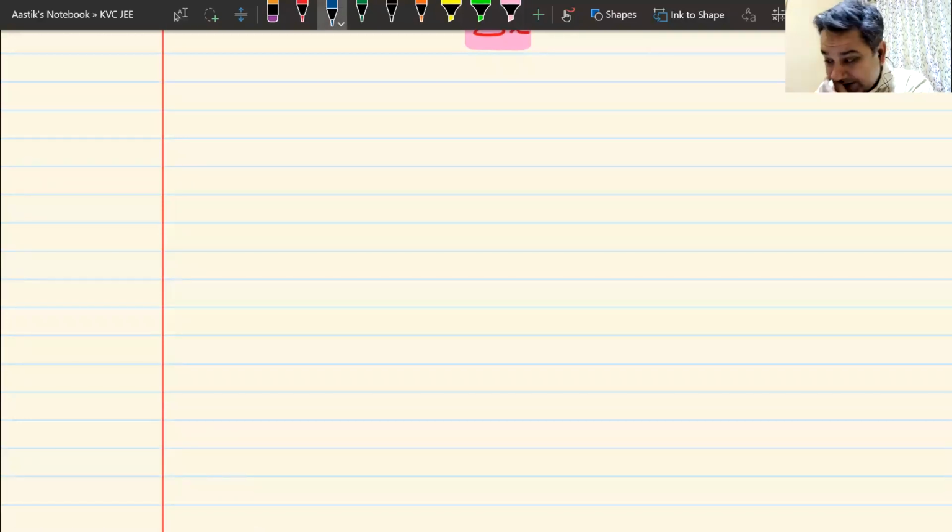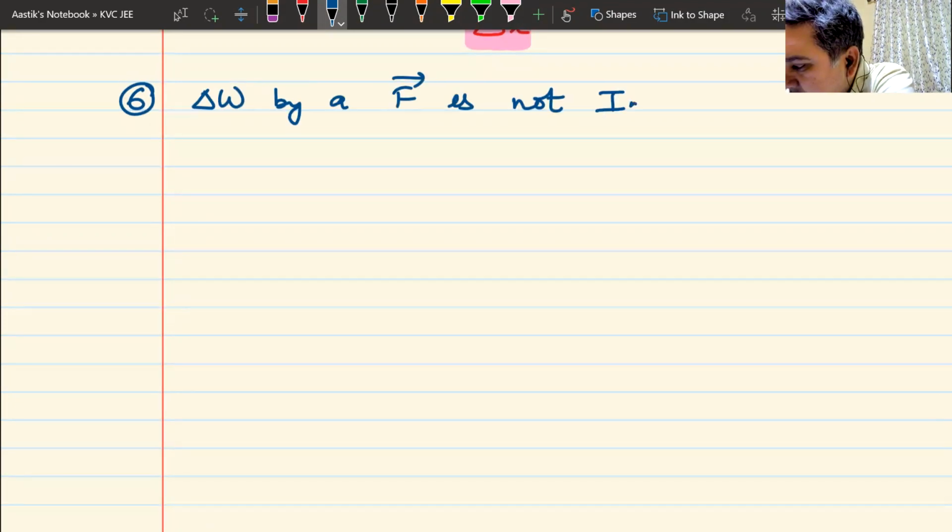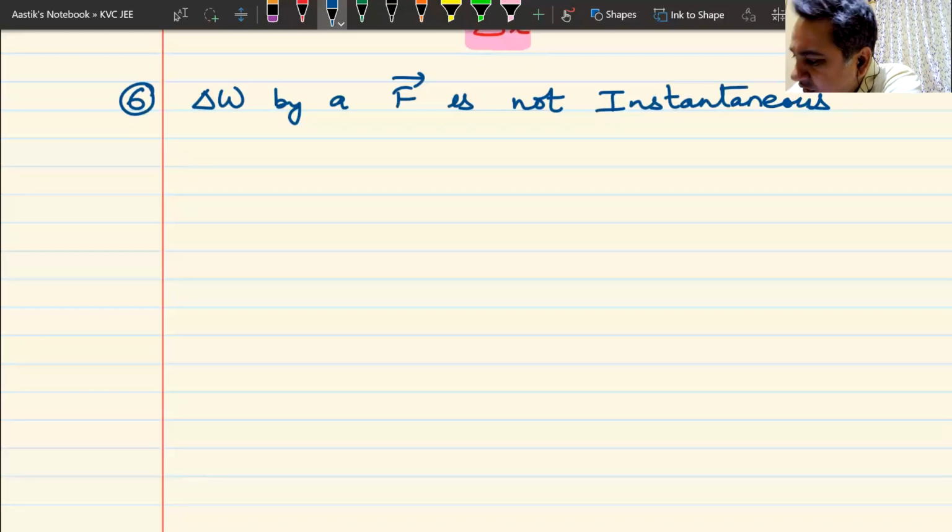That takes me to the next point. I think the point number is 6. What is the next point? Work done by a force is not, and remember this very important word, is not instantaneous. Work done by a force is not instantaneous.